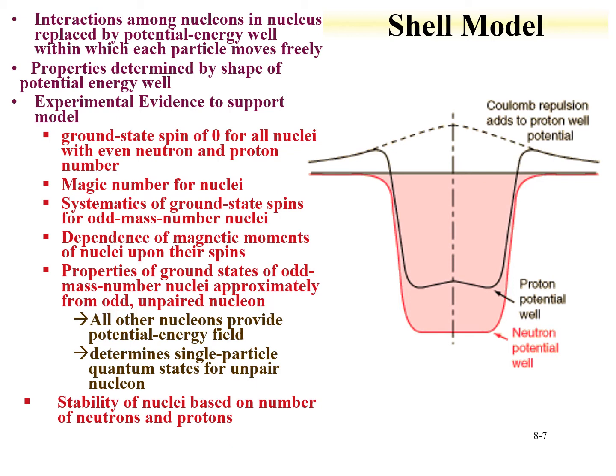So it's as if I have an odd A nucleus, all the nucleons are paired except for one, and that one unpaired single particle provides the properties for the nucleus. That's fundamentally one of the bases of the shell model. One of the other things with the shell model that can be derived is stability of nuclei based upon the number of neutrons and protons.